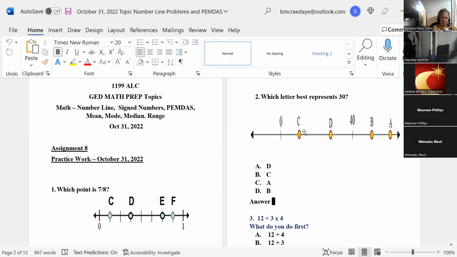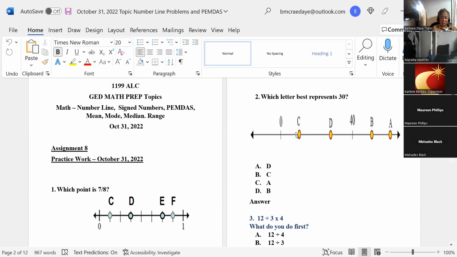Now you have letters C, D, B, A. Which one of those? D. Why D? Because I think after 30 is 40. Yes, you're right, because before 40, it has to be less than 40.